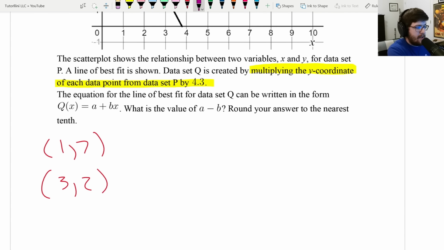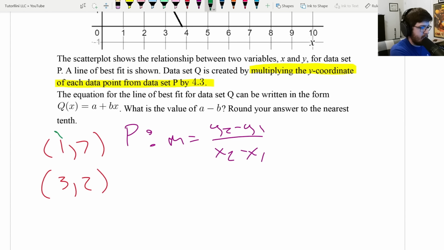To find the equation of the line, the first thing I'm going to do is calculate the slope. This is all for dataset P. y2 minus y1 over x2 minus x1. I could label this one x1, y1, this one x2, y2. Doesn't matter as long as I'm consistent.